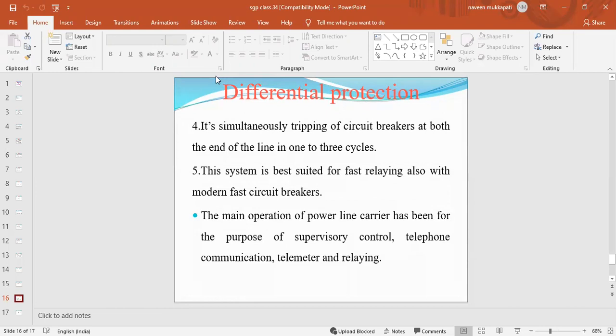Okay, in the case of carrier current differential protection, we are using the line trapper and also the coupling capacitors and also the transmitters and the receivers. The transmitter transmits the signal from the given input, then it is taken by the receivers.